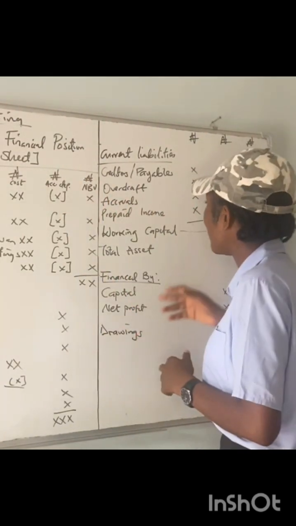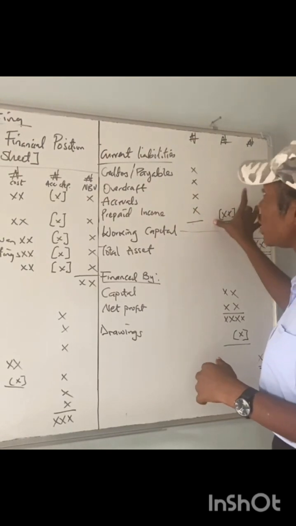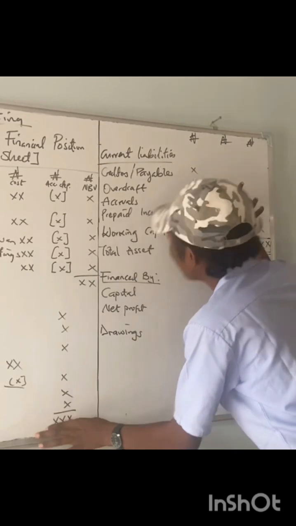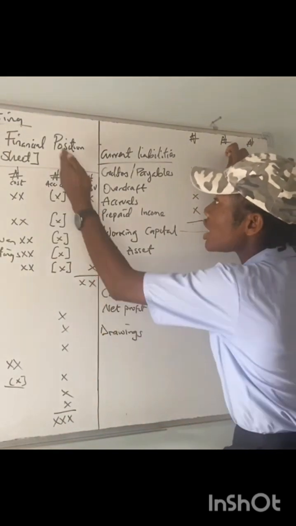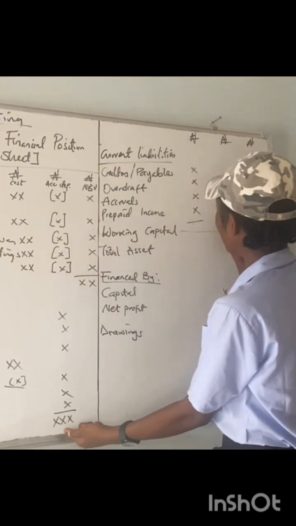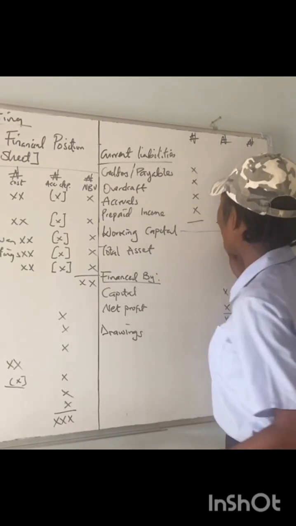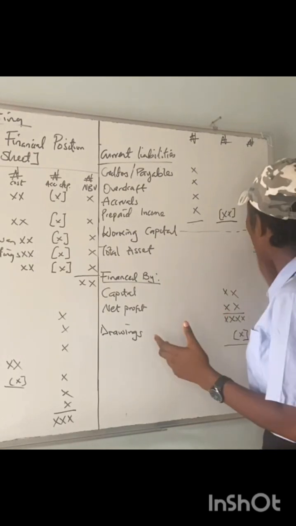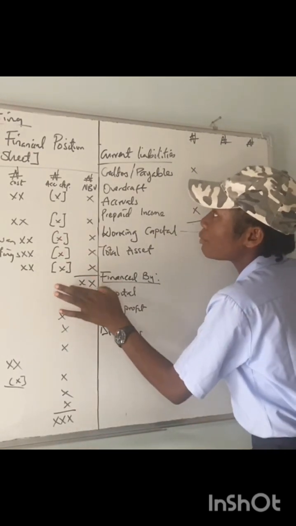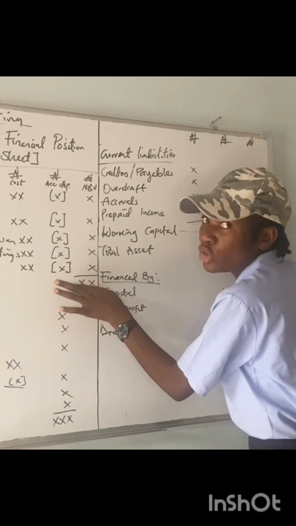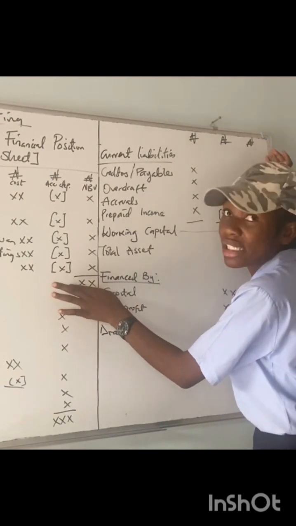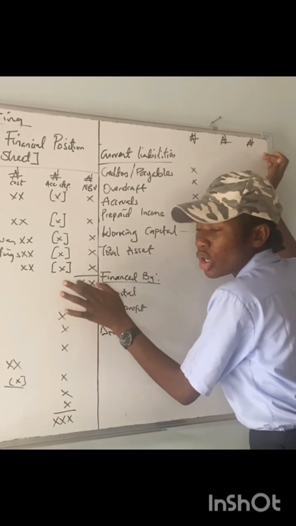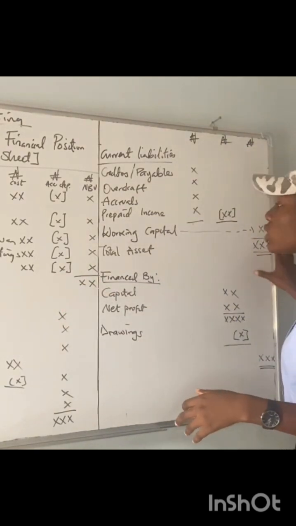All right, then when we less the total current liability from the total current asset, you can see on the second arrow sign, what we'll be having is our working capital. When we have our working capital, we add that to the total value of our non-current assets on the third arrow sign, and then we'll be having our total assets.